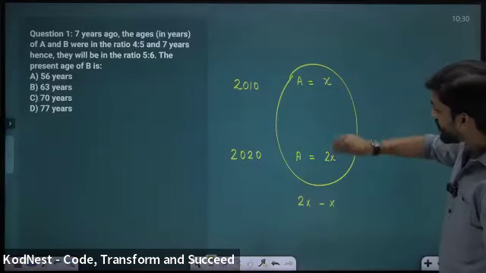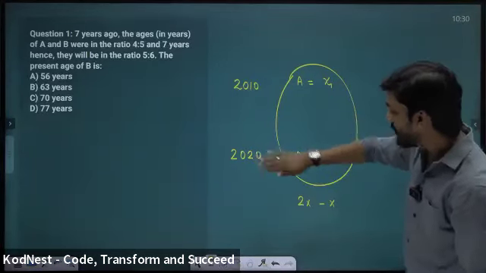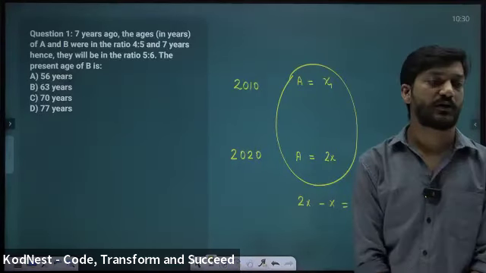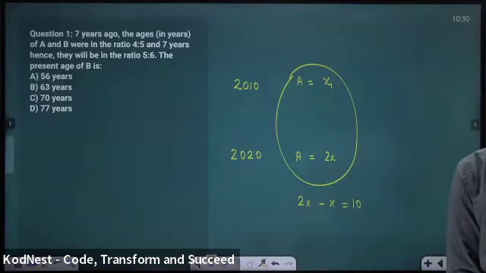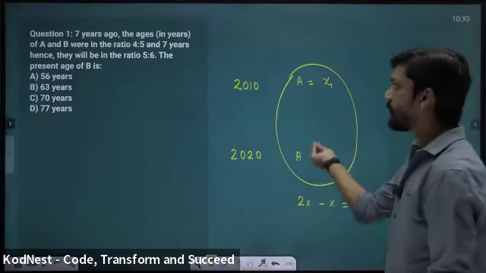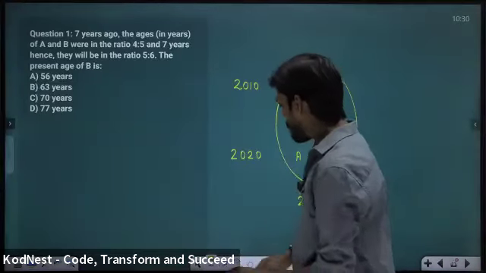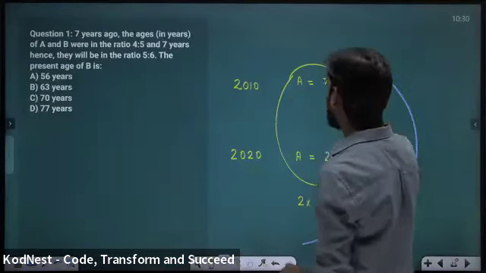The difference of these two values must be equal to 10 years, yes or not? Yes. So this is what we have to do in this question. So carefully understand, please. How do we have to do this question? Let's understand.